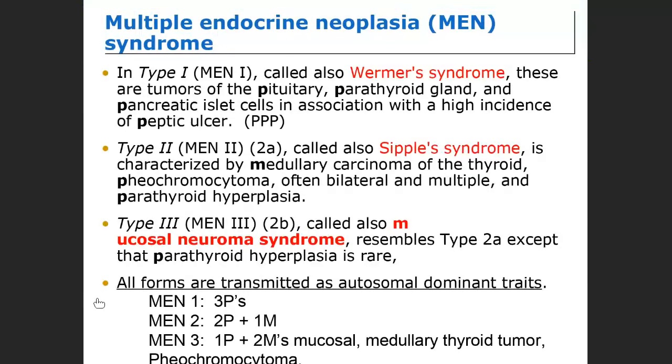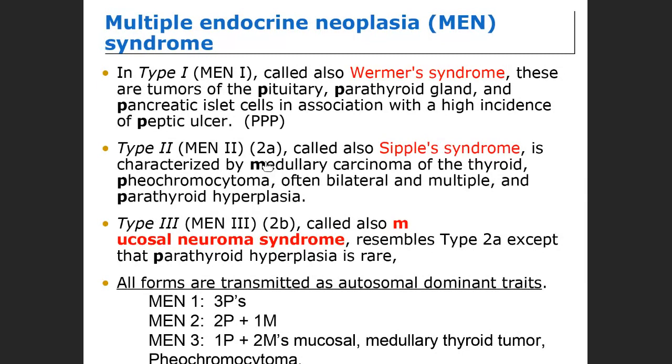And then you have to sort out whether it is MEN 1 or MEN 2 or MEN 3. MEN 1 is 3P: pituitary, parathyroid, pancreatic. MEN 2 is 2P and 1M: pheochromocytoma, which is the tumor in the adrenal medulla, right? Parathyroid hyperplasia, part of the MEN 2, and the medullary carcinoma of the thyroid.